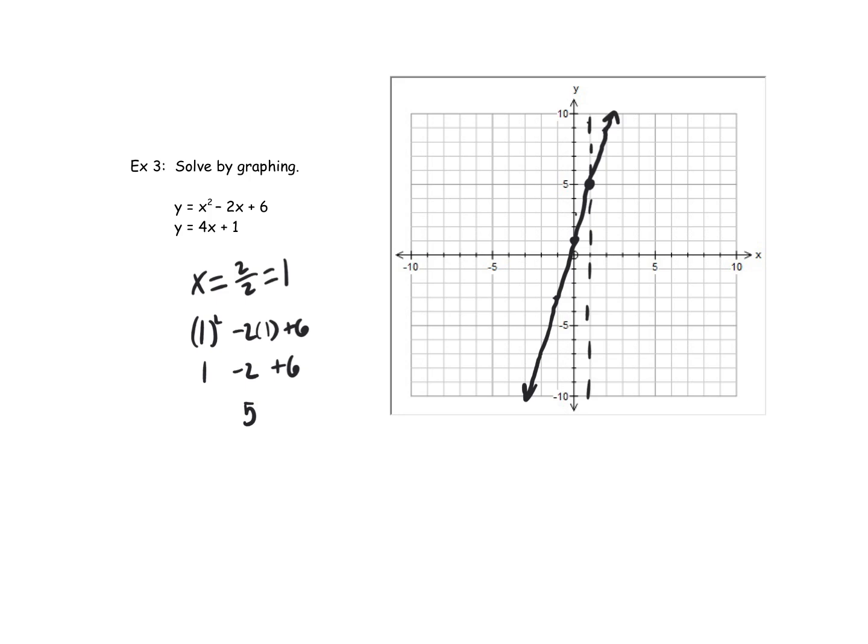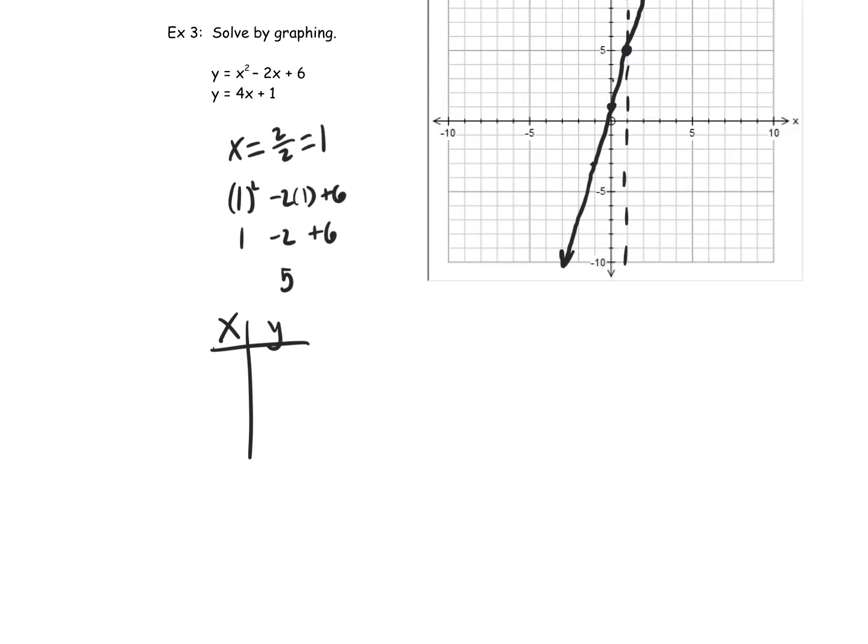Now, if we go to the right from there, and left, let's see, 1, 5 in the middle of our table, pick some points to the left and the right.